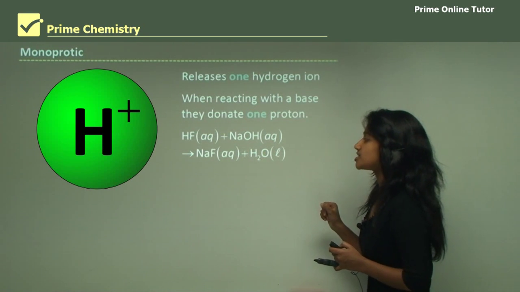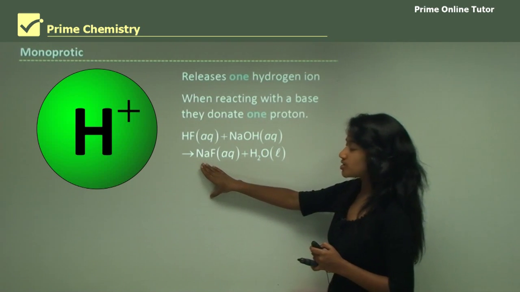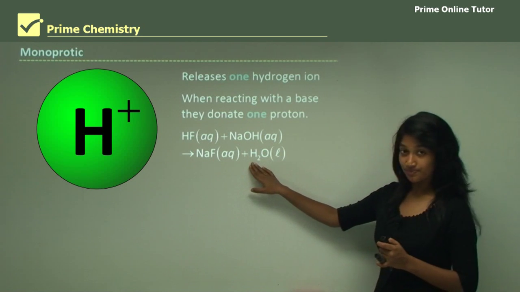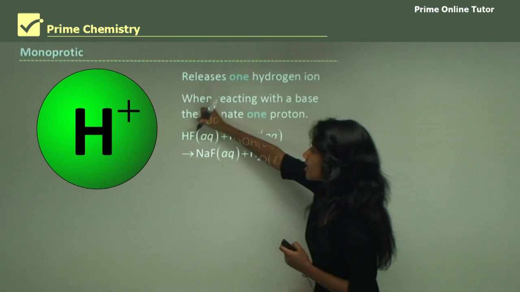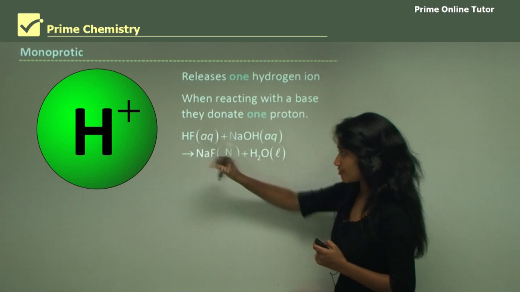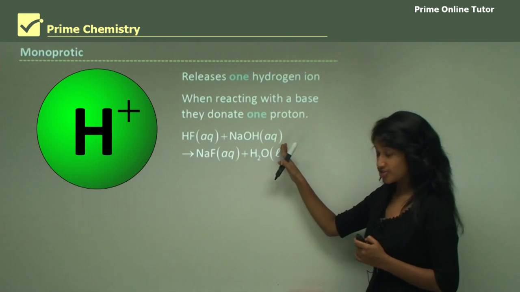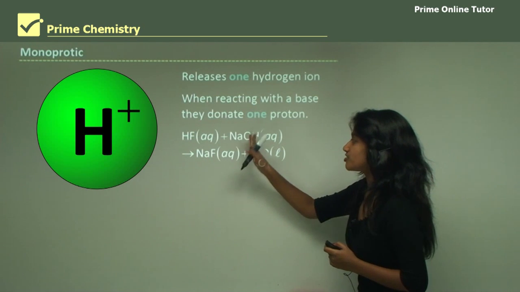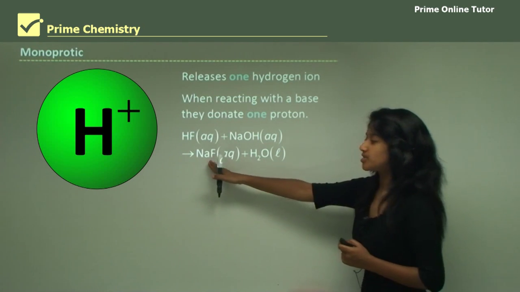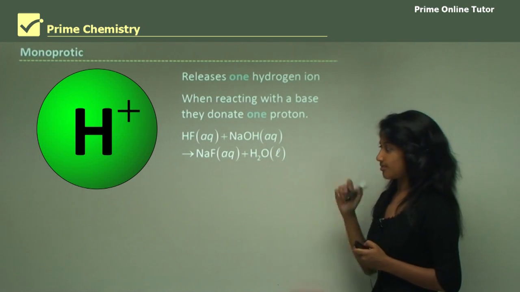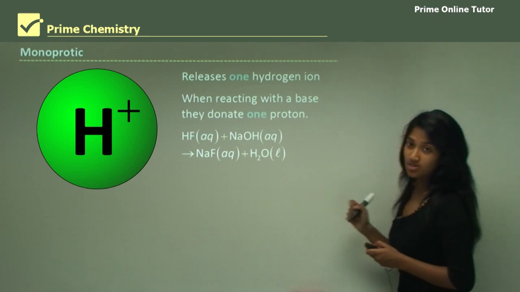They form sodium fluoride and water. You can see that the hydrogen is donated to the sodium hydroxide, and the hydroxide is displaced to give us sodium fluoride and water. So it gives away its 1 hydrogen.